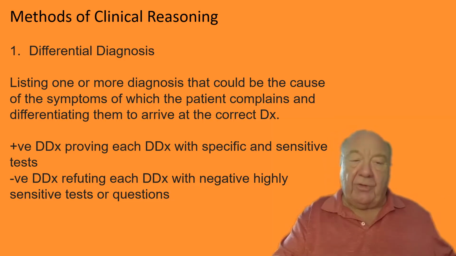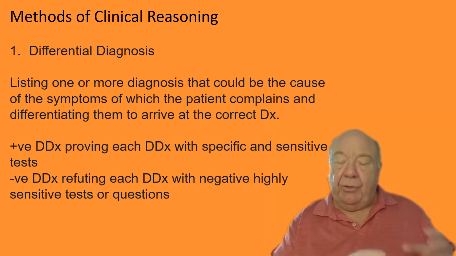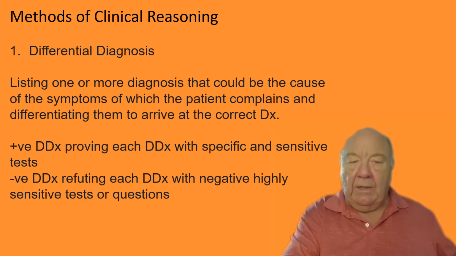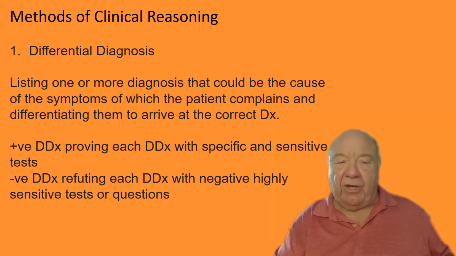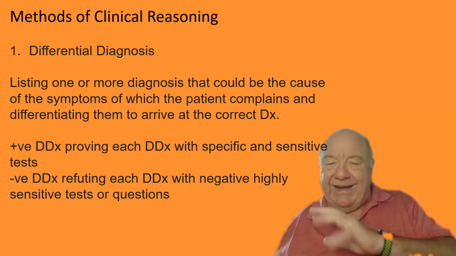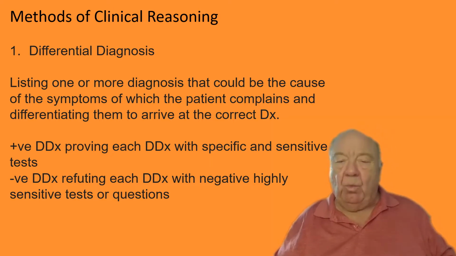Now, there's positive differential diagnosis, where you use specific and sensitive tests to prove that diagnosis is true. And then more usefully, I think, there's negative differential diagnosis, where you use highly sensitive tests, when negative, to refute that differential diagnosis. So you're left with the one remaining test.